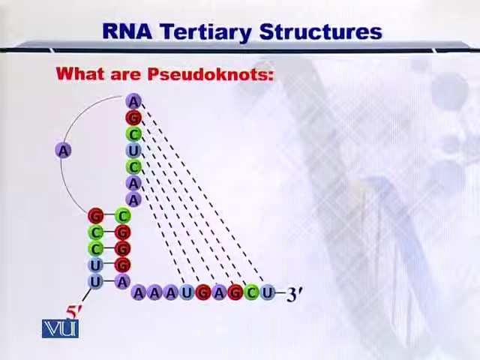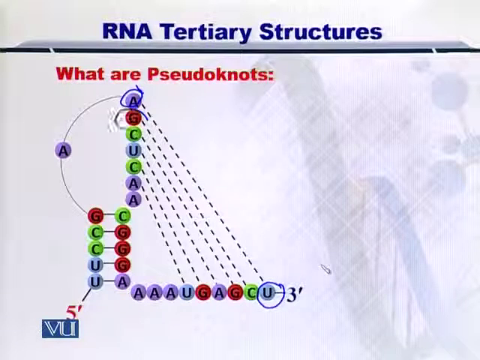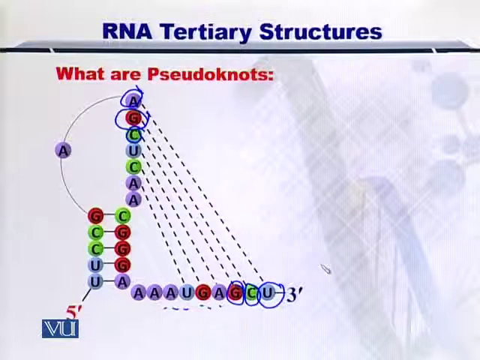So what can happen is that each one of these nucleotide bases can couple with its complementary partner. A may couple with U, G may form a hydrogen bond with C, C may form a hydrogen bond with G, and so on and so forth.